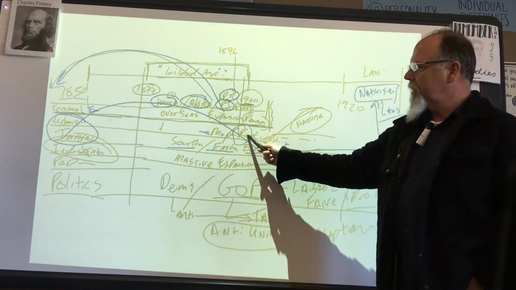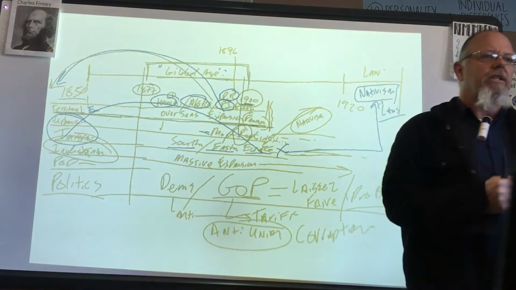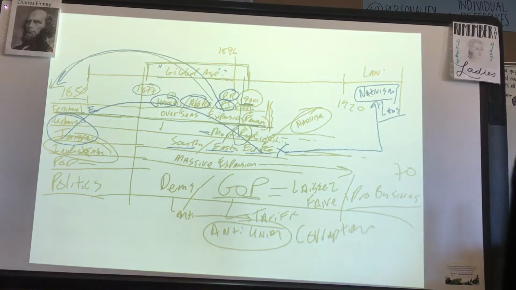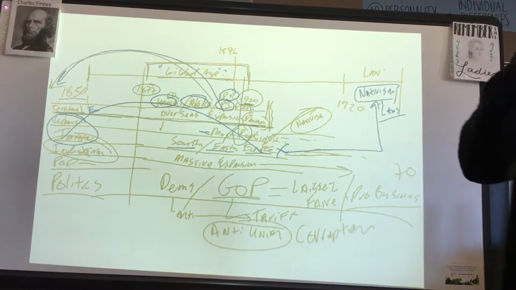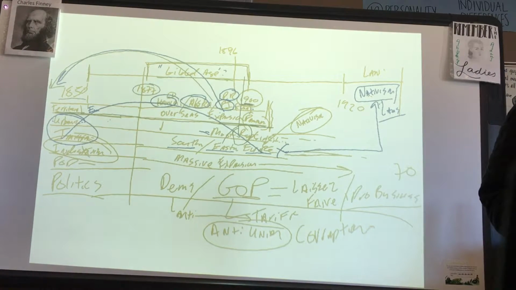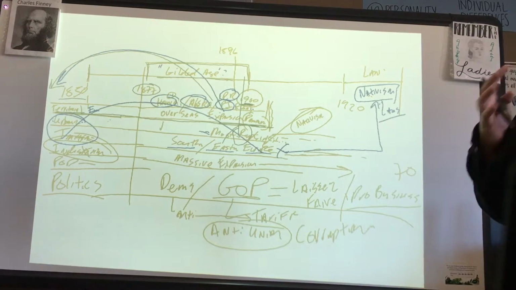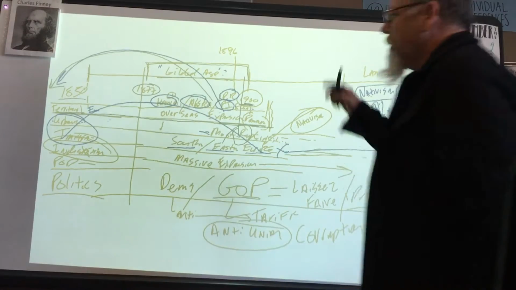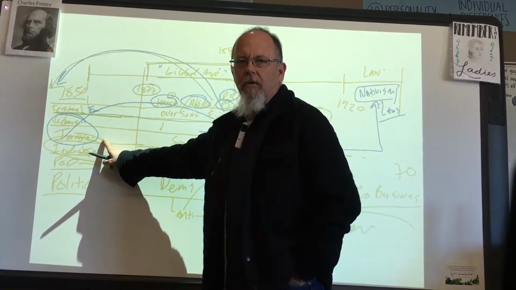But think about this. Toledo, Cincinnati, Detroit, Chicago, Philadelphia, Boston, New York, Buffalo, all of these cities are going to explode in population at this time. The next element is immigration.